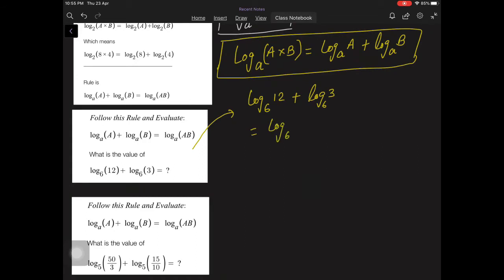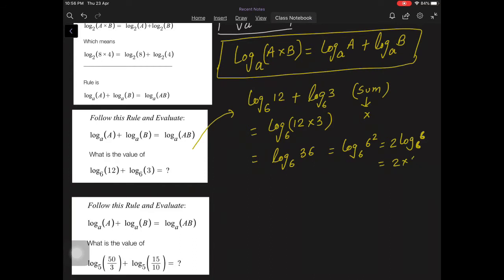So let me write that sum, because we are adding it, so it should be multiplied. So 12 times 3, which is 36. And 36 is actually 6 square. So we can bring that power in front, because log base 6 of 6 is 1. Therefore, the result is 2.